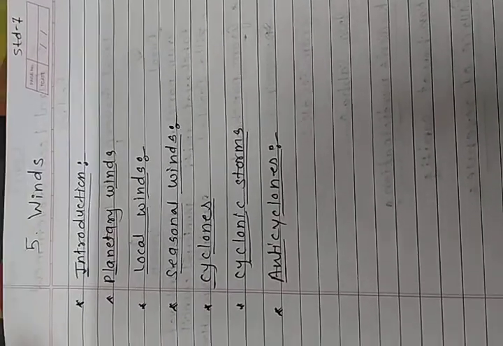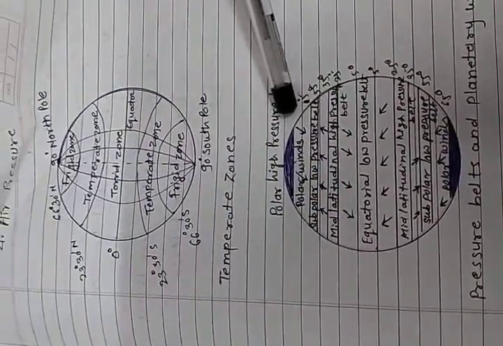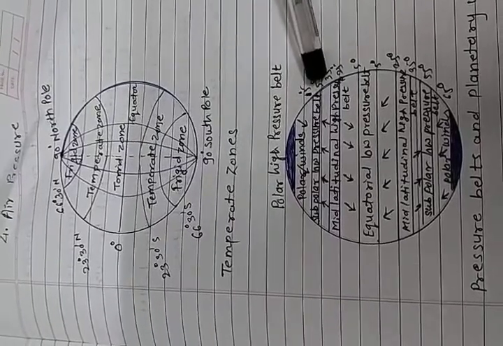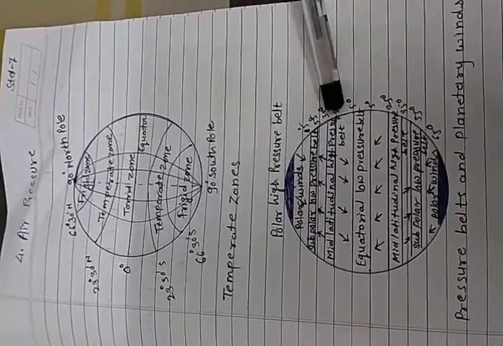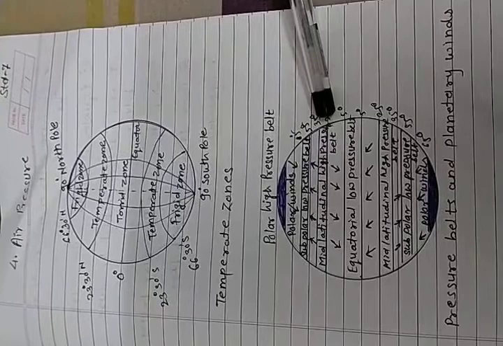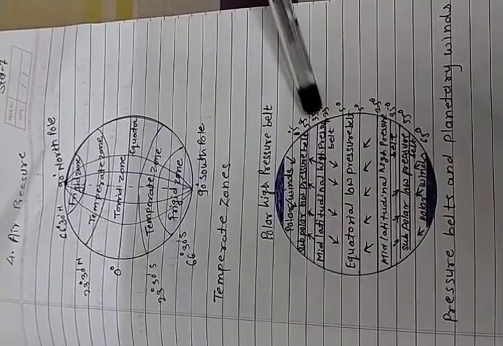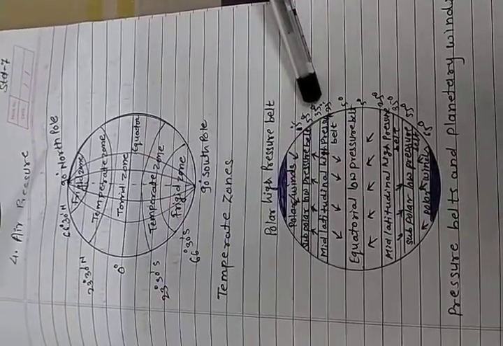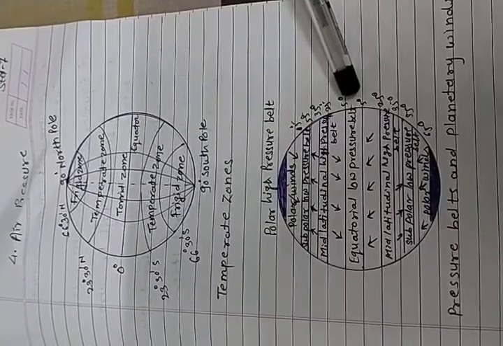See here, within the planetary winds we already studied this diagram. See here, it is polar winds, then subpolar low pressure belt, then mid-latitudinal high pressure belt. This is all on the eastern side, so we call it the easterlies. Then equatorial low pressure belt.